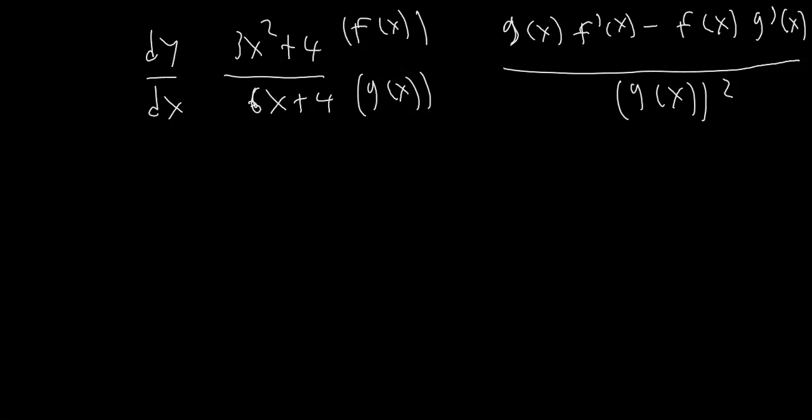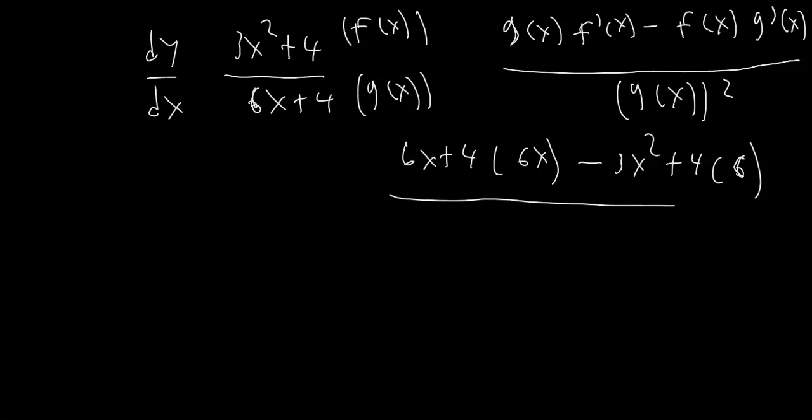We get 6x plus 4 times 6x, since that's the derivative of 3x squared plus 4, minus 3x squared plus 4 times 6, and then over 6x plus 4 squared.